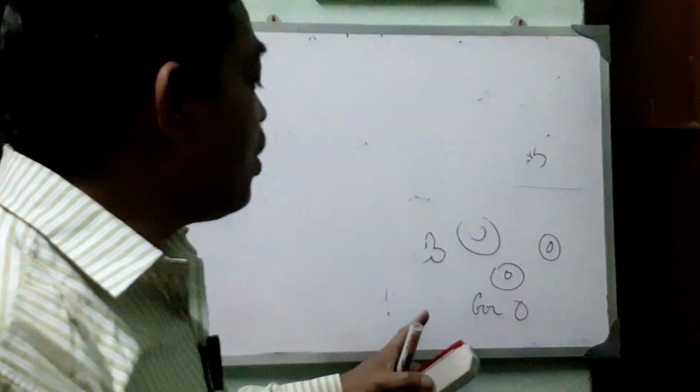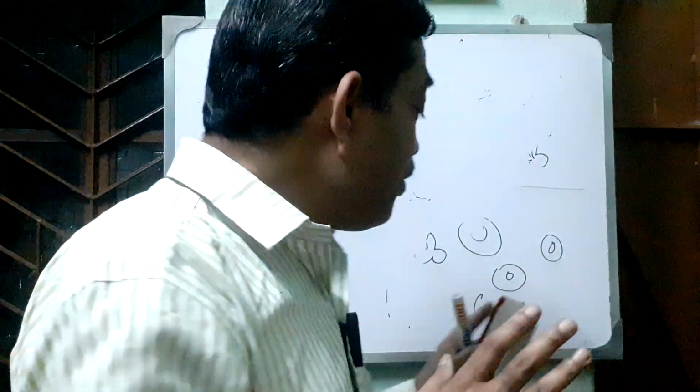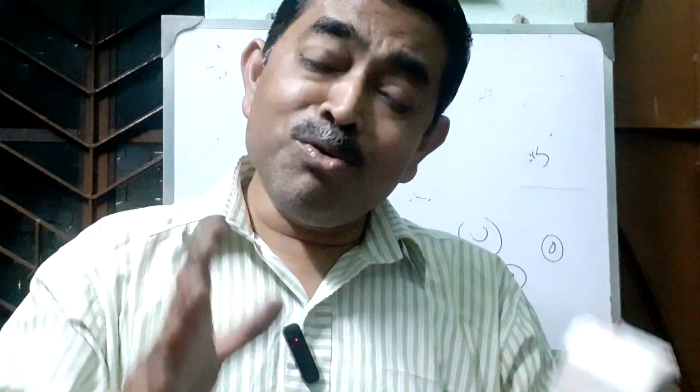So O group is considered the universal blood donor, and AB group is considered the universal plasma donor.